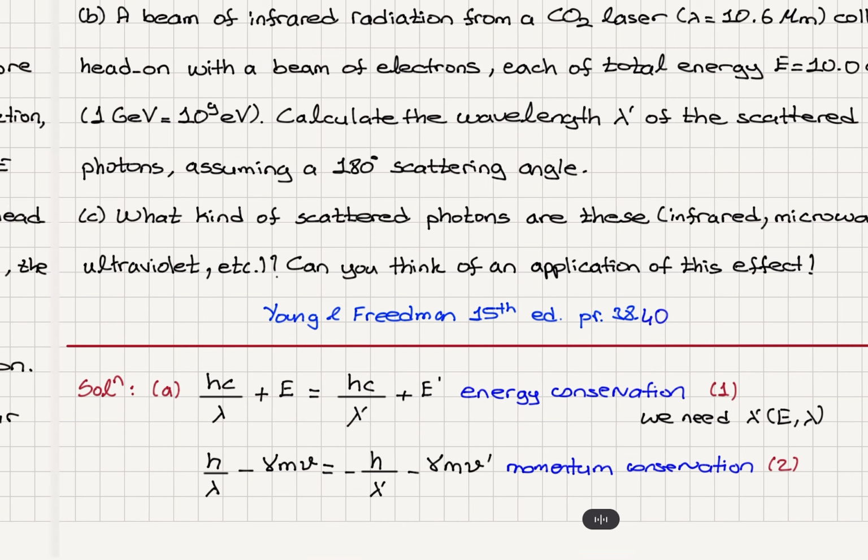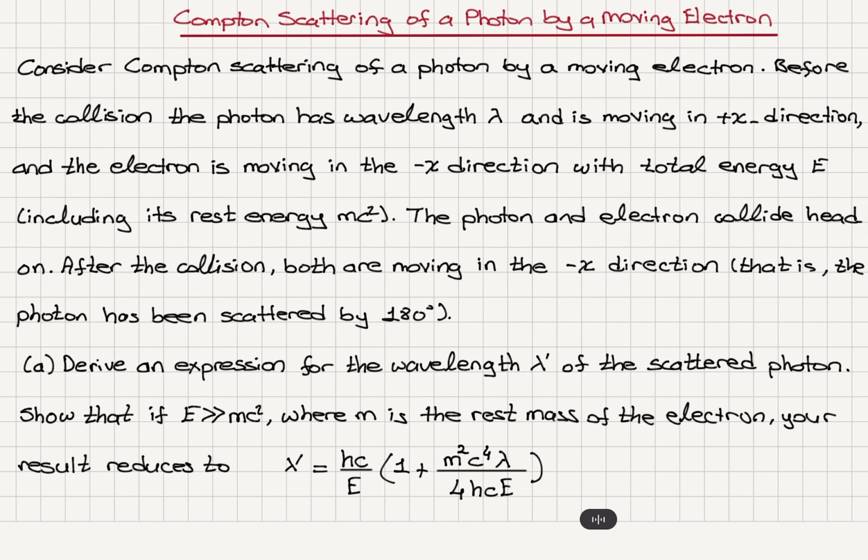So we talked about a Compton scattering of a photon by a moving electron. Before the collision, the photon has wavelength lambda moving in the plus x direction, and the electron is moving in the minus x direction with total energy capital E. They collide head-on. After the collision, they move in the minus x direction, so 180 degrees scattering angle for the photon.